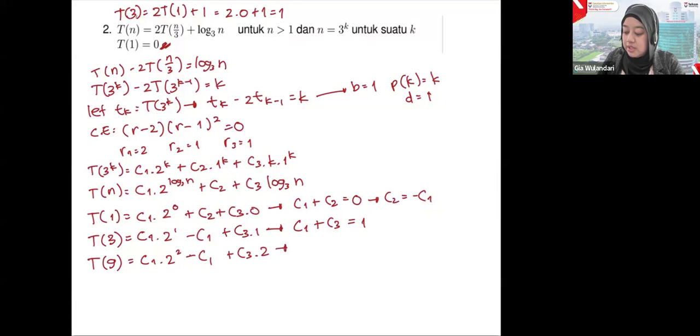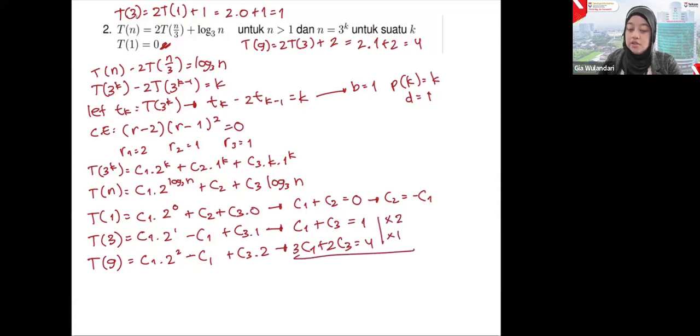And then it means we have, sorry, it is 3C1 plus 2C3, and from here T9 is equal to 2T3 plus log 9 base 3, which is 2. So we have 2 times 1 plus 2, which is 4, like this.